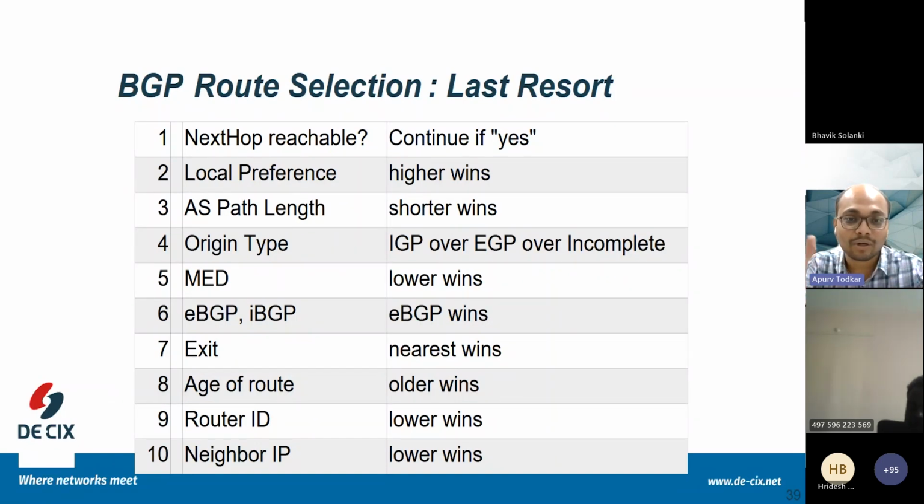This is the last resort. Try optimizing more meaningful attributes like the local preference value, the MED value or the AS path length. This adjustment will have a more substantial impact on the traffic patterns and network performance than relying on the router ID and the neighbor IP in the last step.